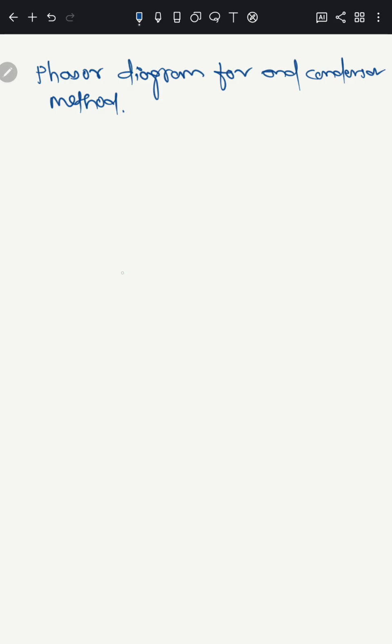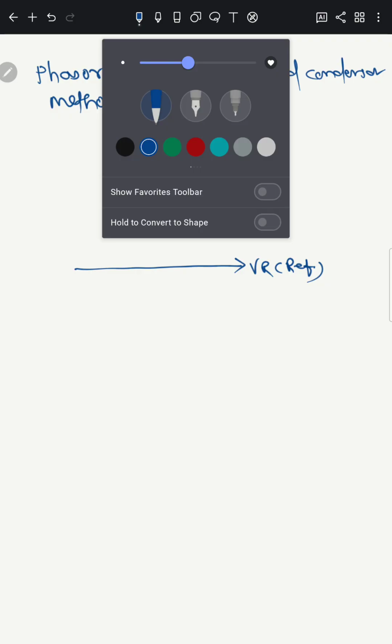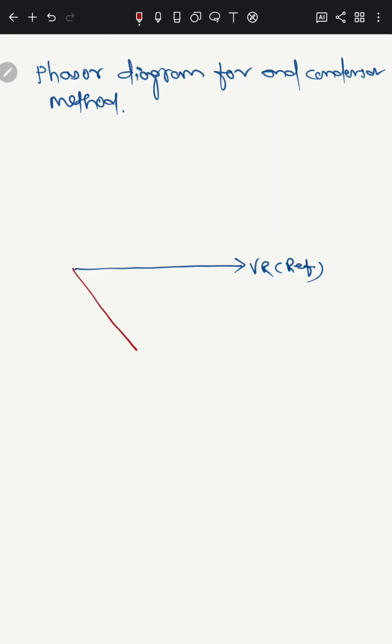Let us take voltage Vr as the reference vector. Then this is vector IR, which is lagging Vr by phi R.